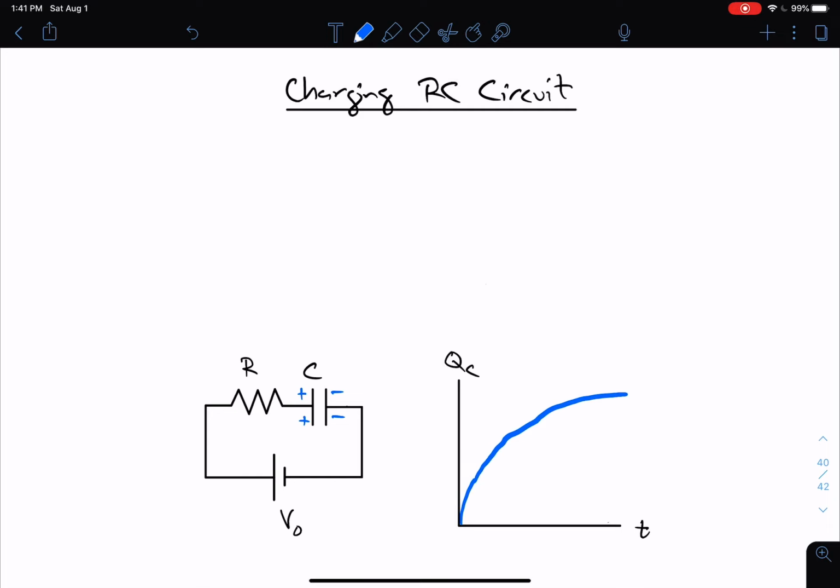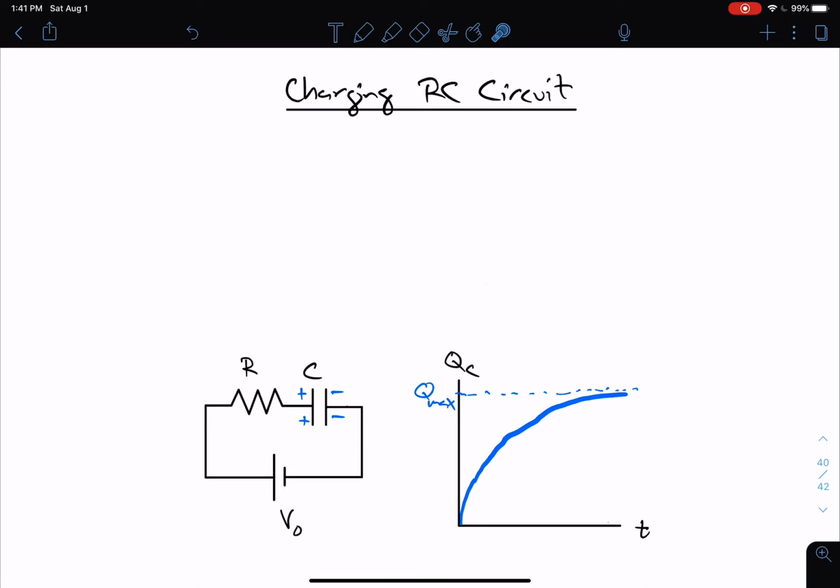And so the charge on the capacitor is going to max out. We get this curve here. It's an asymptotic curve, asymptotically approaching what we're just going to call Q max.